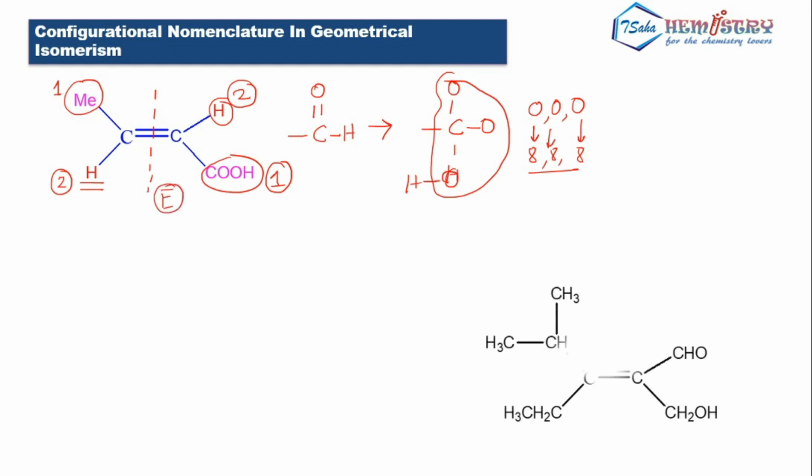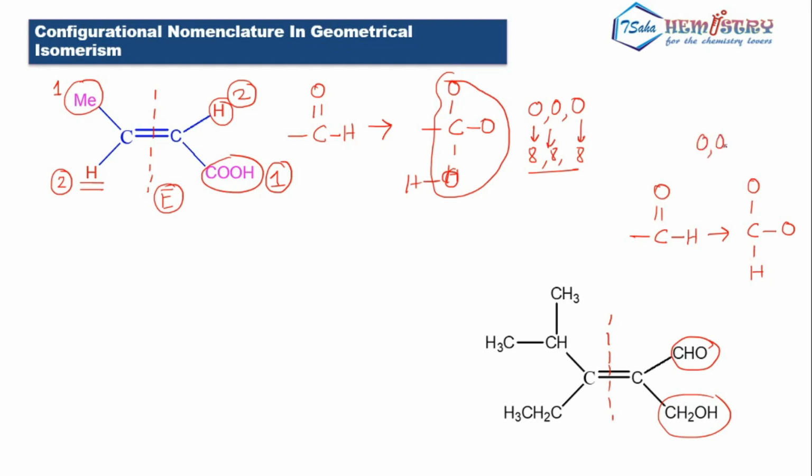Next example, we have CHO and we have CH2OH. Now if you break down this molecule, in this particular case you have CHO, and you have CH2OH. In the case of CHO, if you break down this molecule according to the duplicated rule, you get oxygen, oxygen, hydrogen.